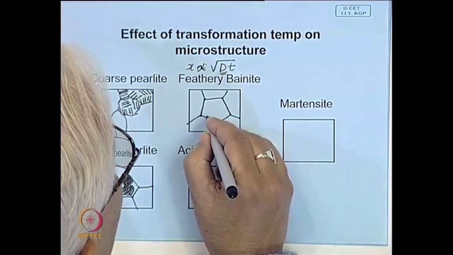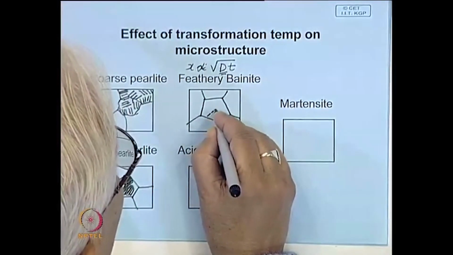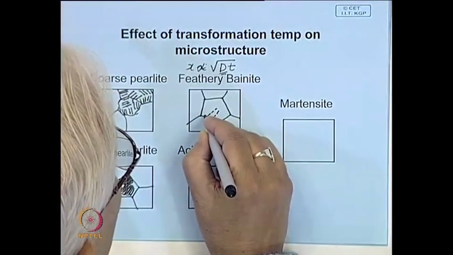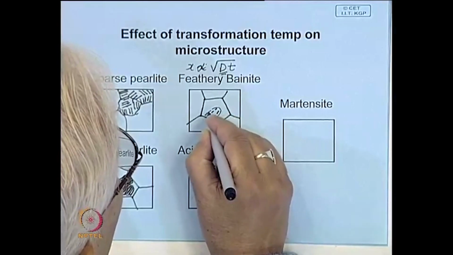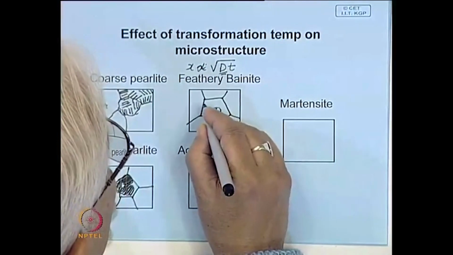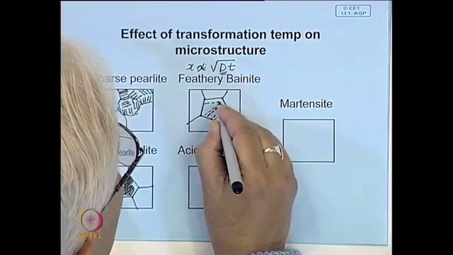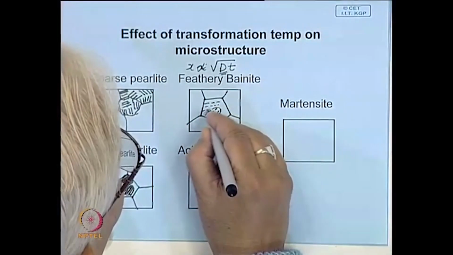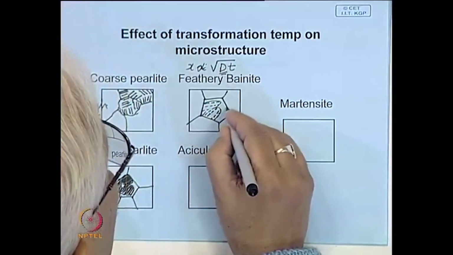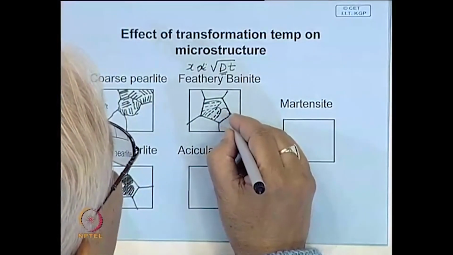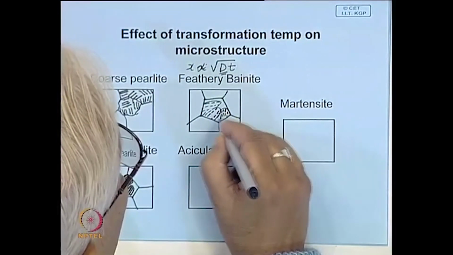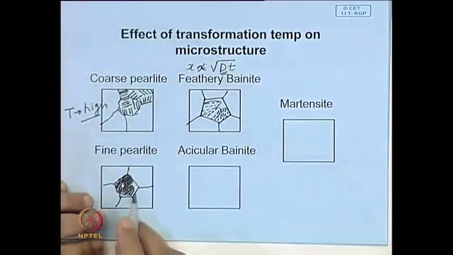You have this cementite, and these are broken like this. Say this is a ferrite grain and these broken carbides you will get in that ferrite grain, and the structure is very fine.